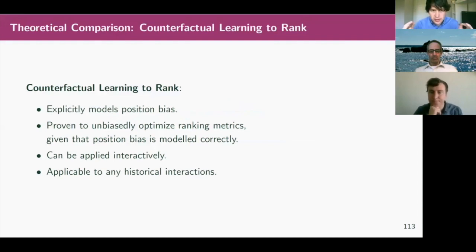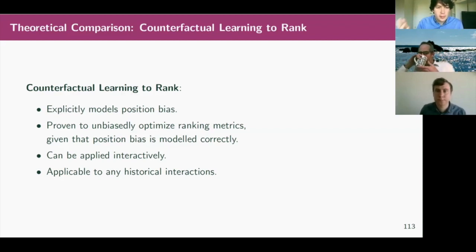There is an explicit model of bias in these propensity scores. They're proven to be unbiased in that we can prove that they unbiasedly estimate or optimize ranking metrics, of course under the assumption that we have a correct model for position bias. They can be applied interactively, but they're also applicable to historical interactions.